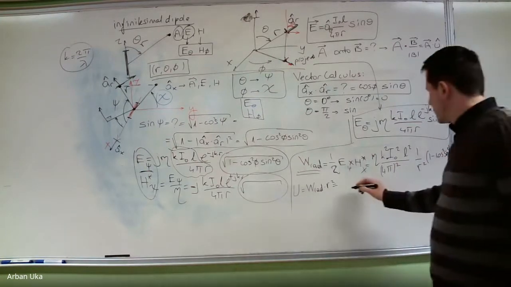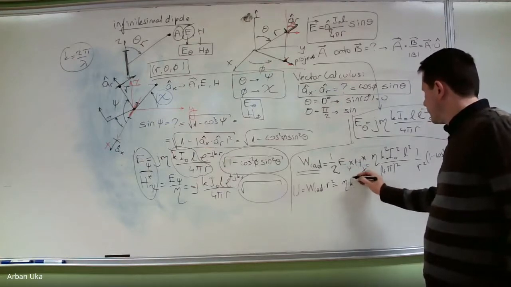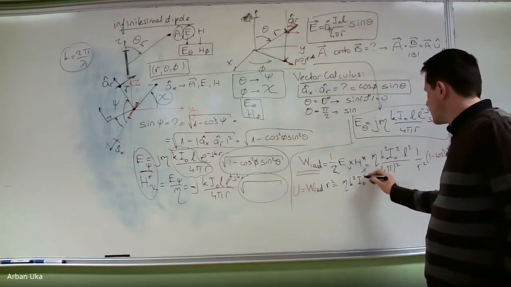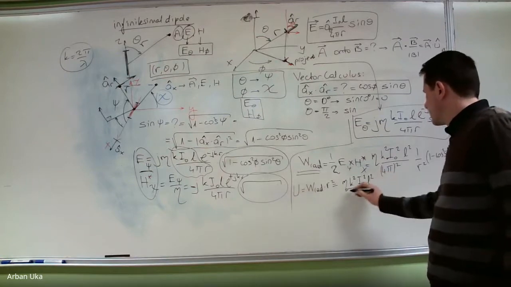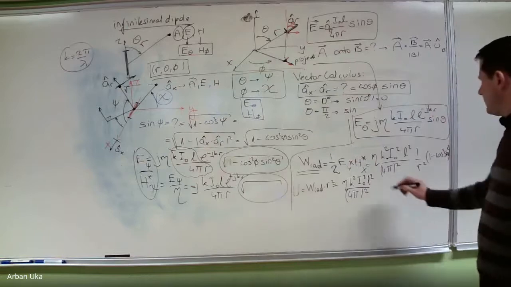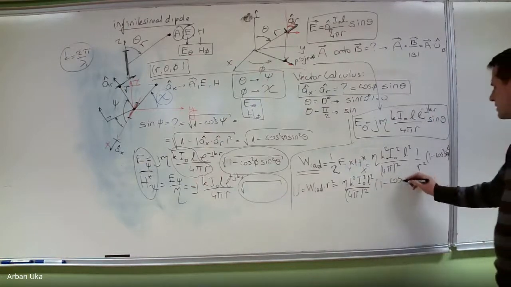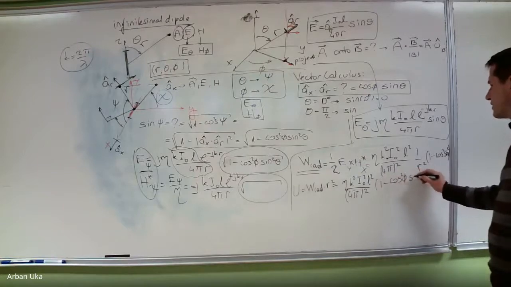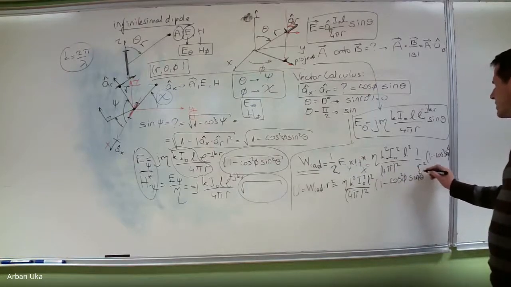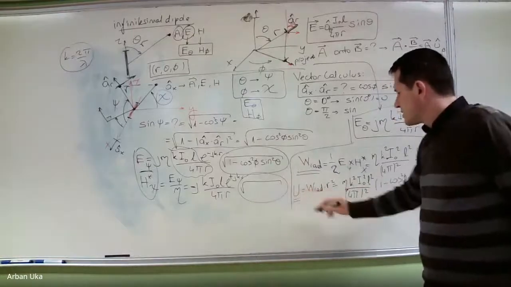So we are going to get eta k squared I0 squared L squared divided by 4 pi squared, times 1 minus cosine phi all squared, sine theta squared. So we found the radiation intensity.